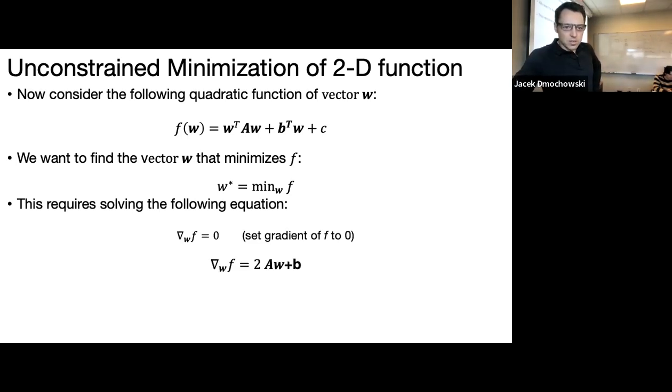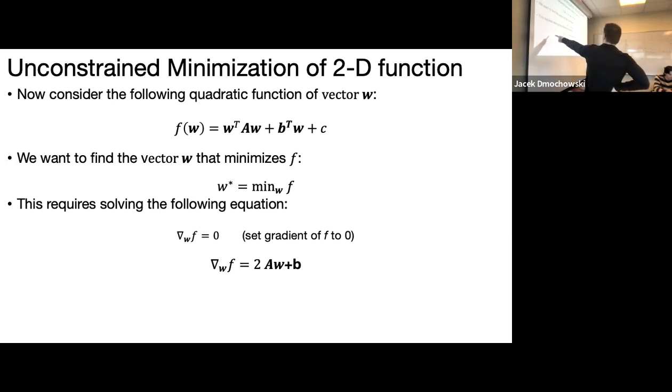Okay, so this is the expression for the gradient of this function, because I want to get to the Lagrangian. How did I get it?